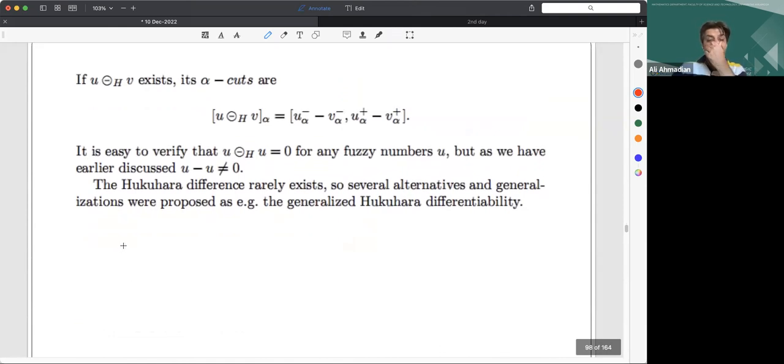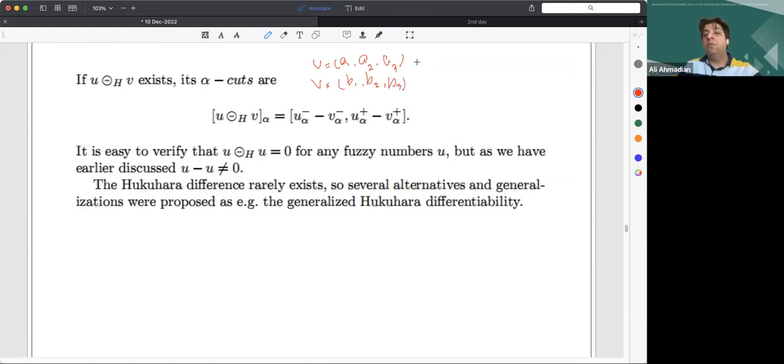What's interesting here is that in classical operations, for example, assume that we have two vectors: vector u is A1, A2, A3, and vector v is B1, B2, B3.